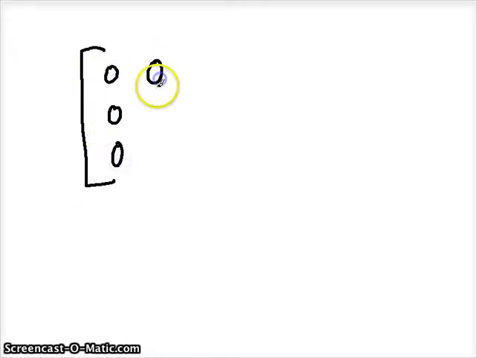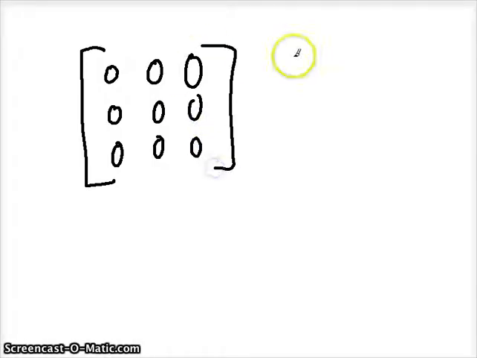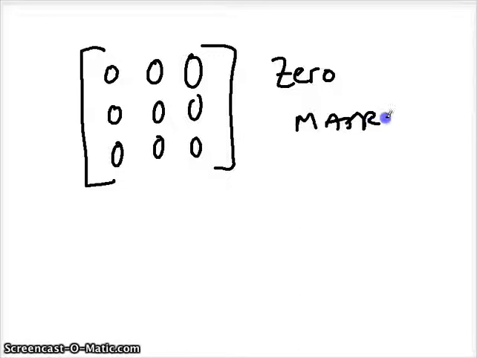And the last special one would be if all of the entries in our matrix are all zeros, then we have what's called a zero matrix. Again, hopefully that's pretty easy to recognize or think about the name. What size does this zero matrix have? Well, it has 3 rows and 3 columns.